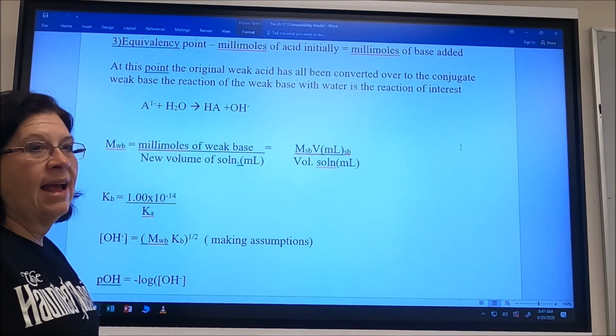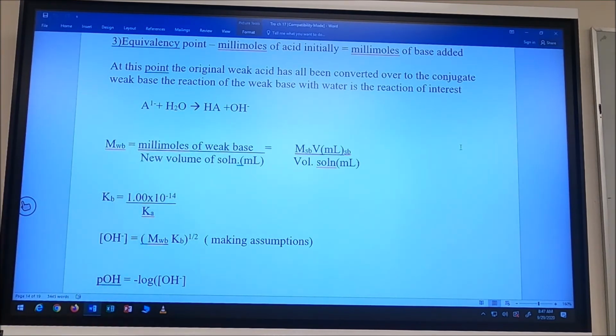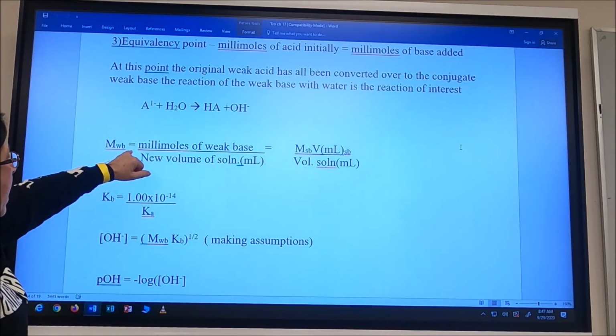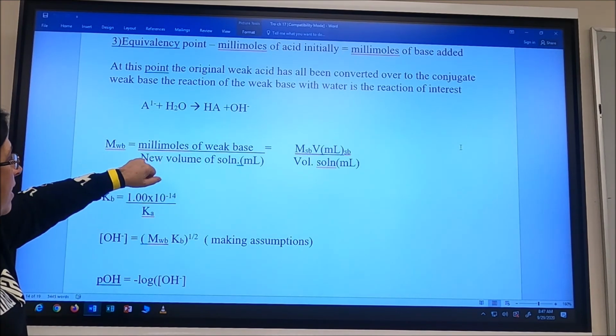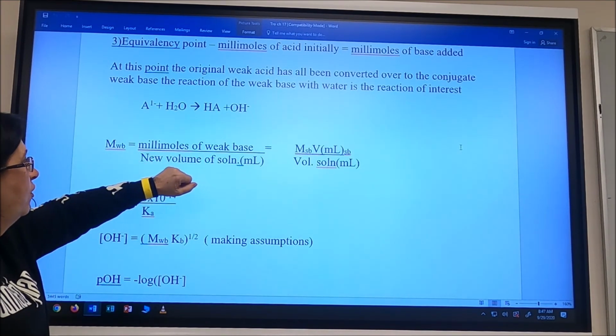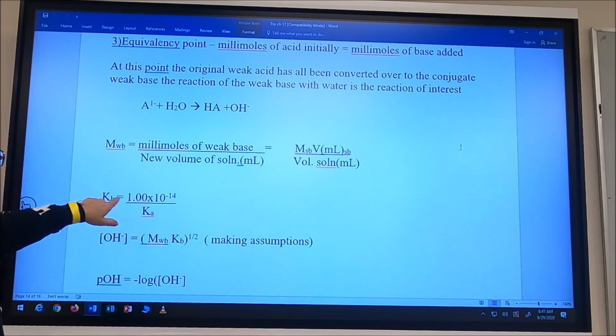This conjugate weak acid is a newly minted acid molecule, okay? Not one of the originals. So the molarity of the weak base is just the millimoles of weak base added divided by the new volume of the solution, okay? And Kb for that weak acid is Kw divided by Ka, 1.00 times 10 to the minus 14 divided by Ka.